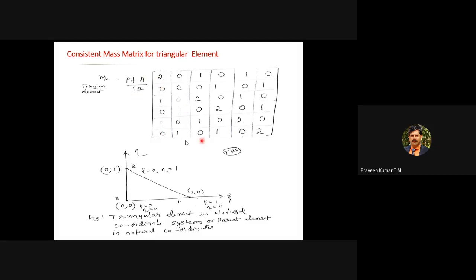The complete mass matrix for the triangular element is: the first diagonal element is 2, the second diagonal element is 2, the third is 2, and so on, with 1s in the off-diagonal positions, like 2 1 1. In the alternate positions there are zeros. In that way we can remember the 6 by 6 matrix.